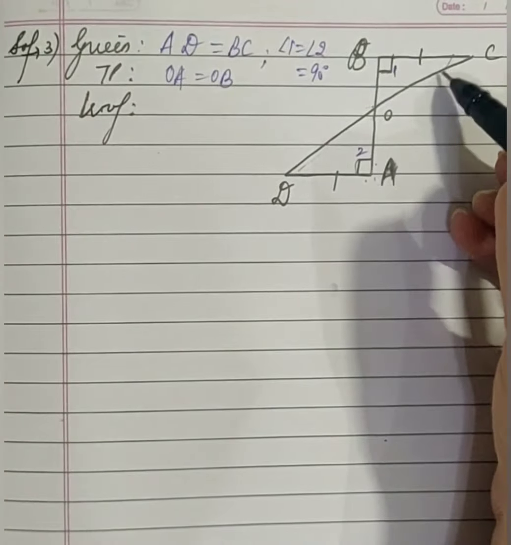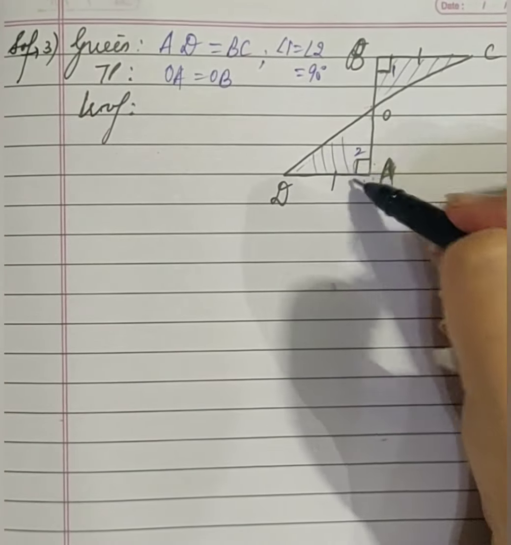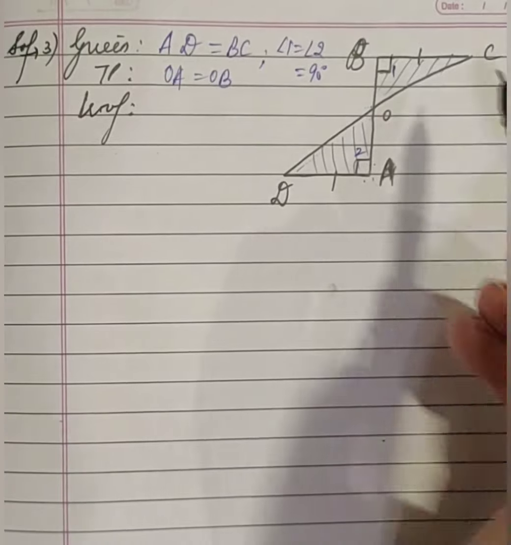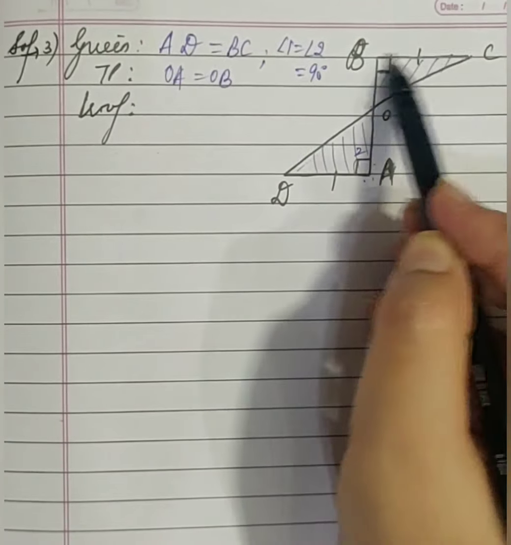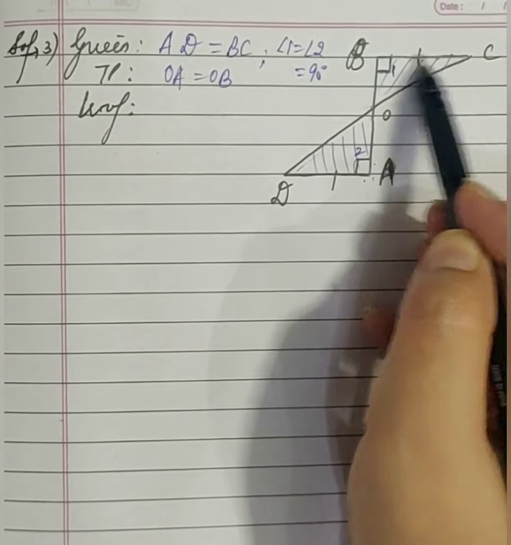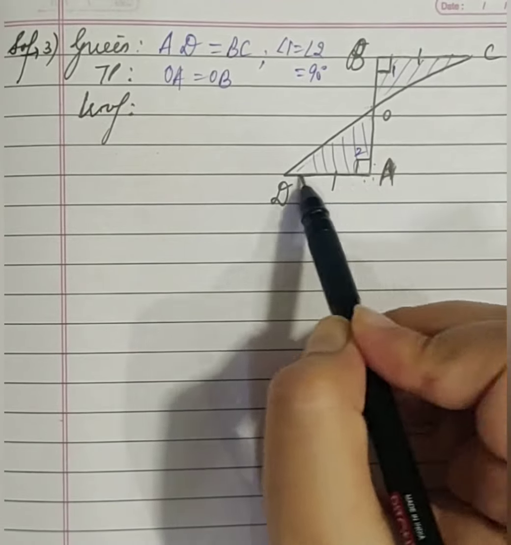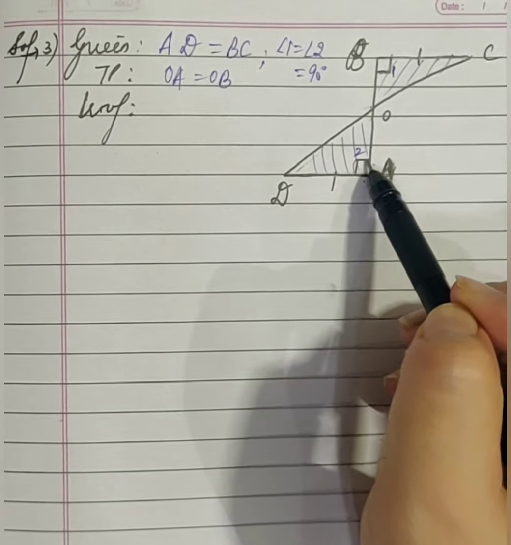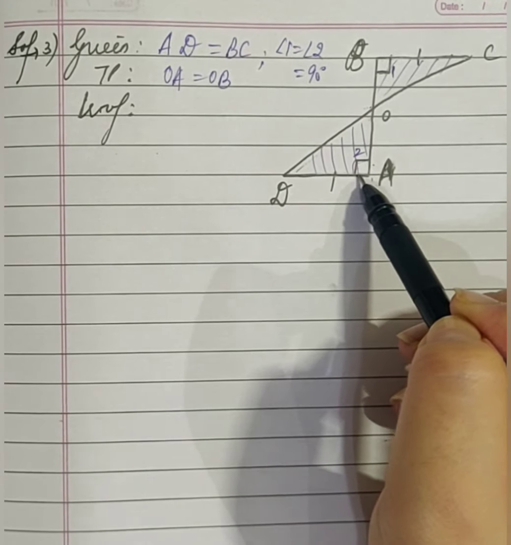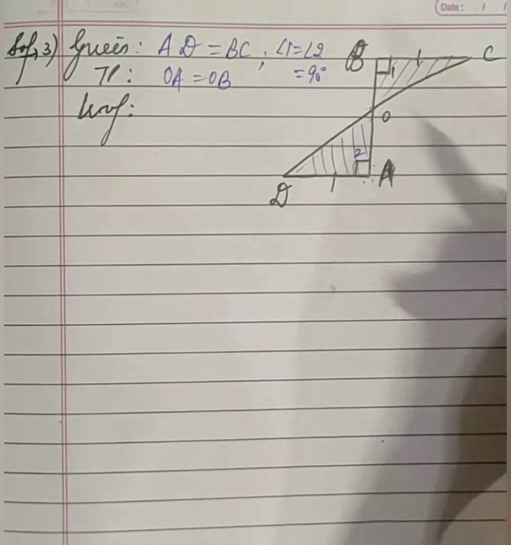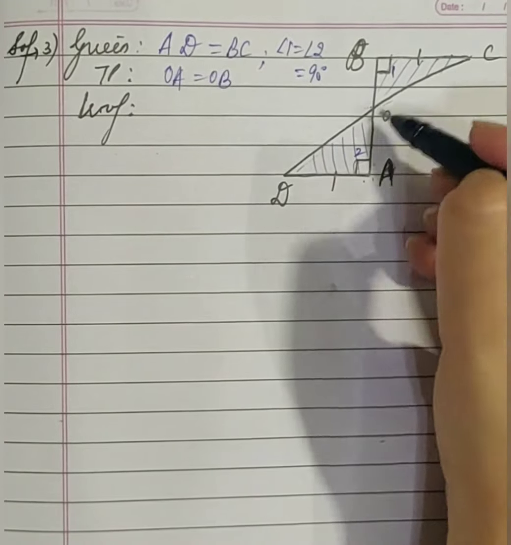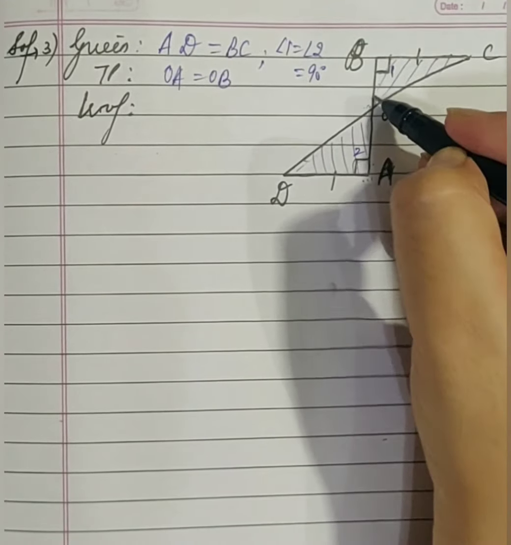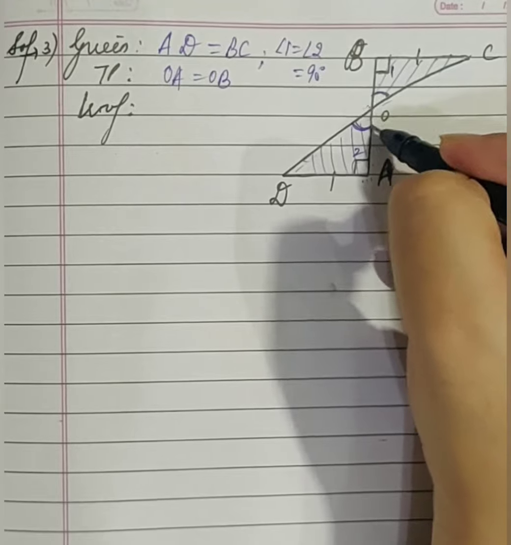Now see, if I consider these two triangles, this side BC of first triangle is equal to AD of second triangle. This is given. Angle 1 of first triangle is equal to angle 2 of second triangle. Reason is 90 degrees each. And the third condition is, see, none of the sides are equal. So the third condition left here is of vertically opposite angles.